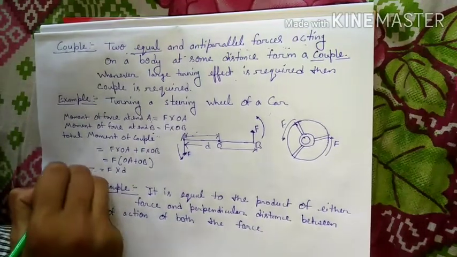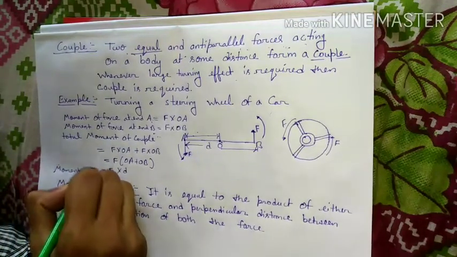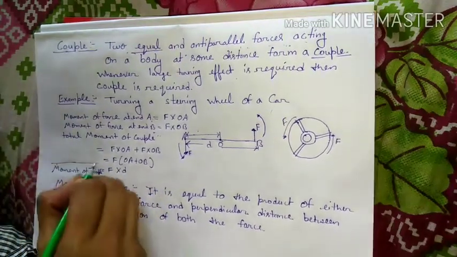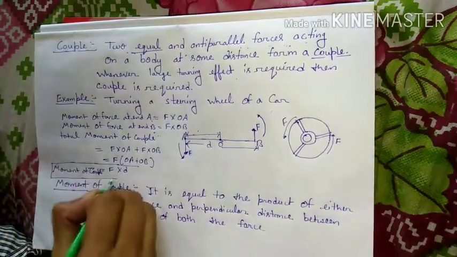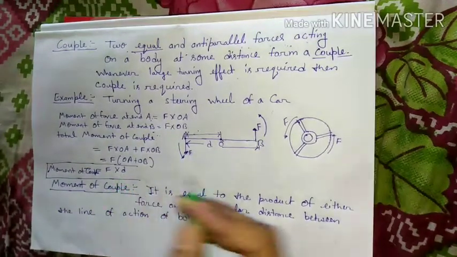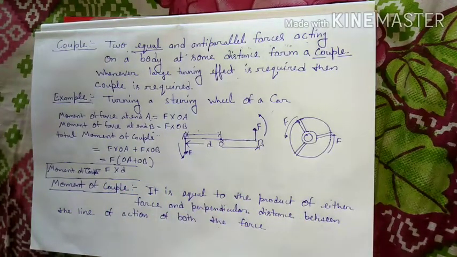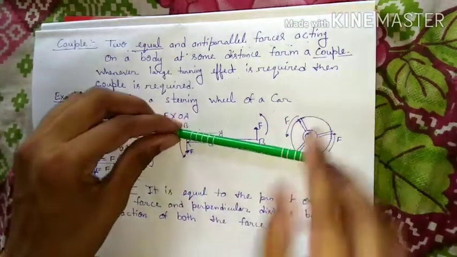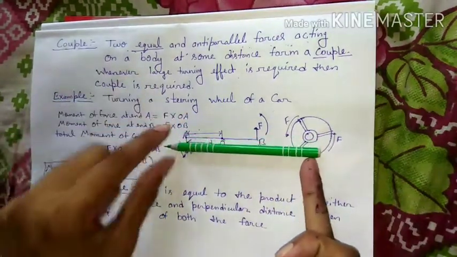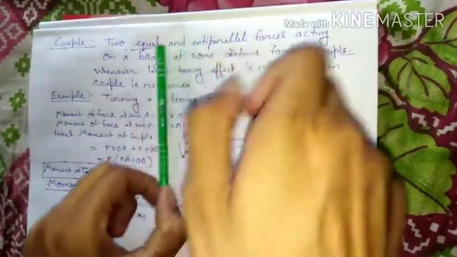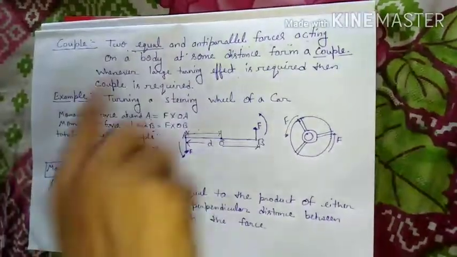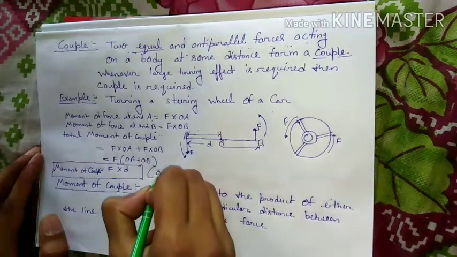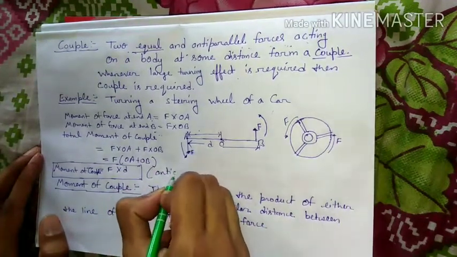Moment of couple equals F into D. The direction of this couple should be anti-clockwise. Why? Because if you are applying a force at both ends, then it will rotate anti-clockwise, not clockwise.